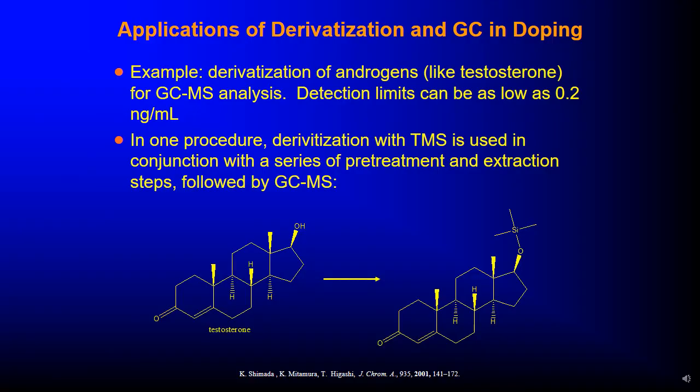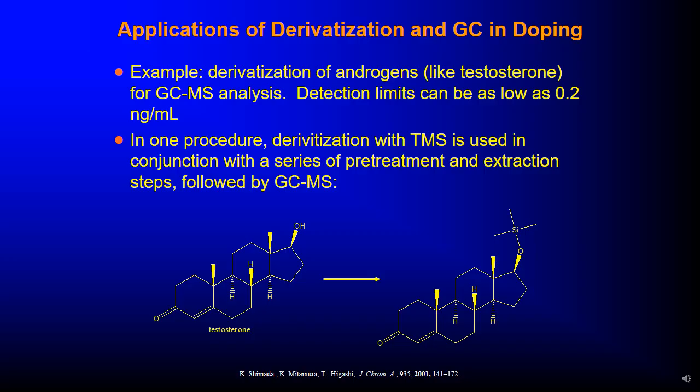Then application of derivatization and gas chromatography in doping. For example, derivatization of androgens like testosterone for gas chromatography mass spectrometry analysis. The detection limit can be as low as 0.2 nanograms per milliliter.